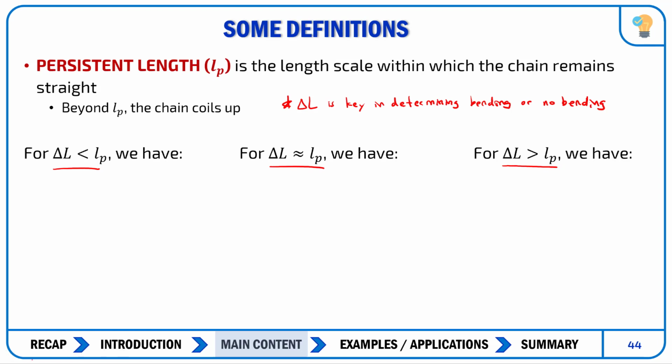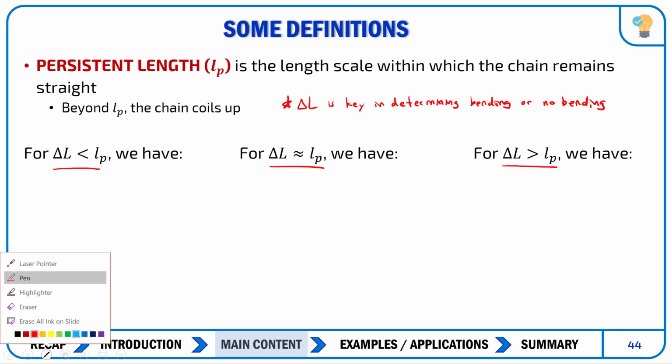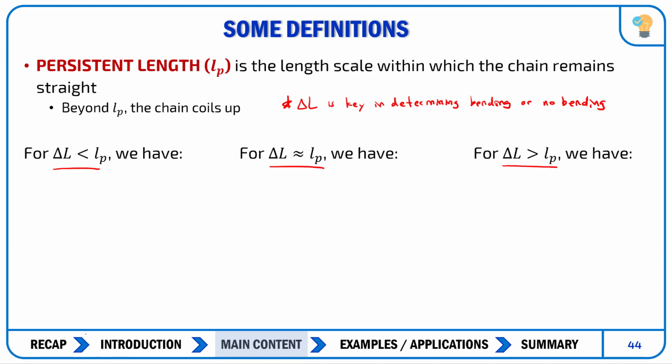Let's take a look at what happens if delta L is less than LP. Remember, our delta L was the change in length for the entropic springs at the top and bottom. The greater the delta L, the assumption is the greater the bend we have.